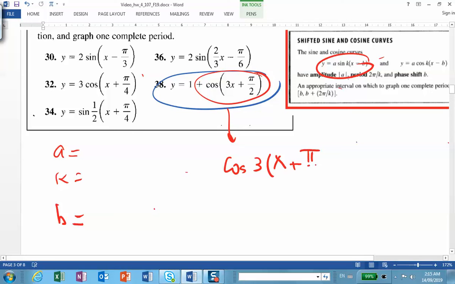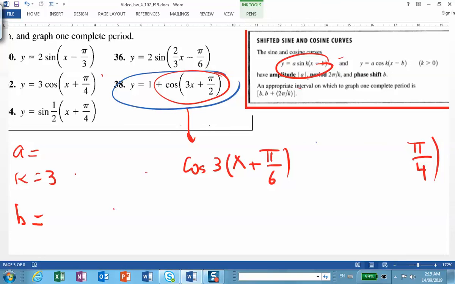That means k is 3, and b is minus pi over 6, and of course the amplitude is 1. Once I draw that, then I shift everything up by 1 unit because of that one. So for now, I'm just going to do this. Y equal to cosine of this thing. Okay?